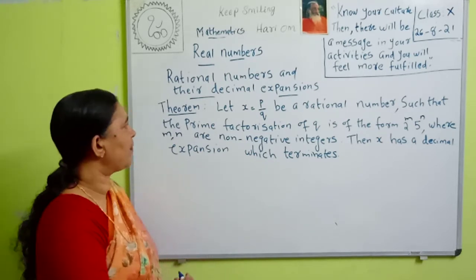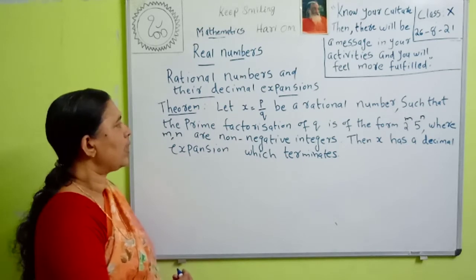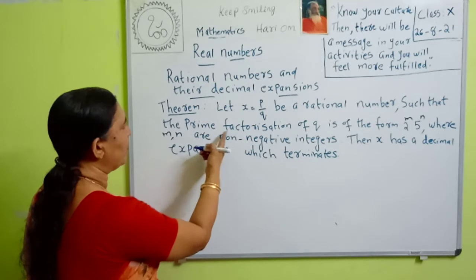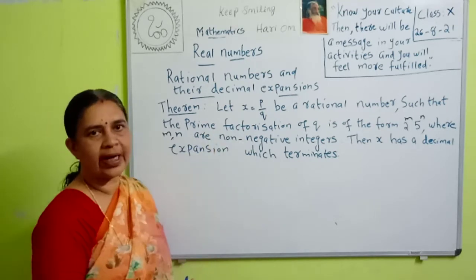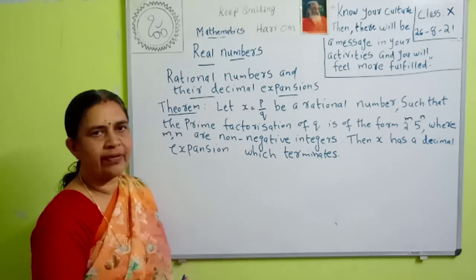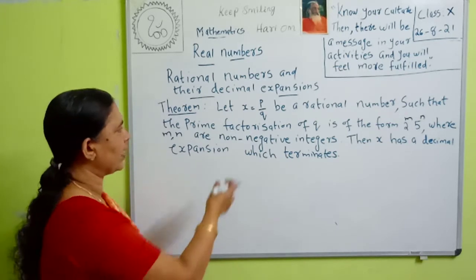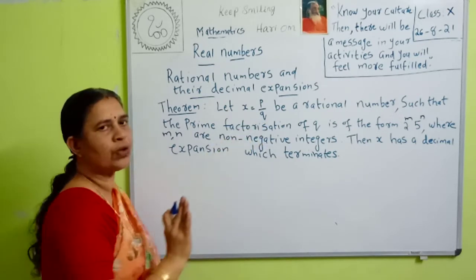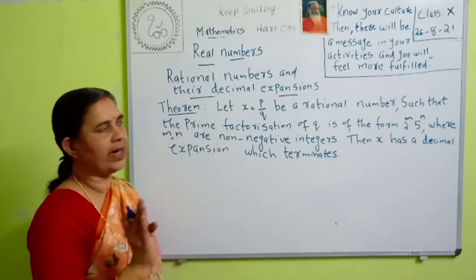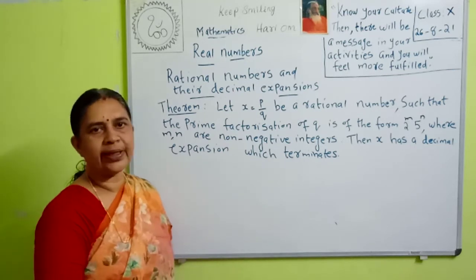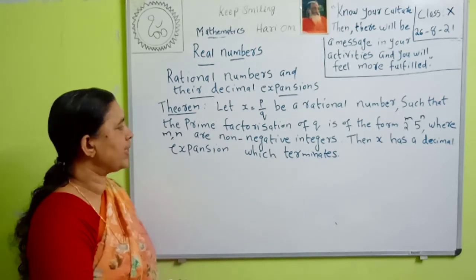That is, if we factorize the denominator and it is of the form 2 raised to m 5 raised to n, that is, the factors of the denominator are only powers of 2 and 5, then we can say that this decimal expansion is terminating. Otherwise it is not terminating.